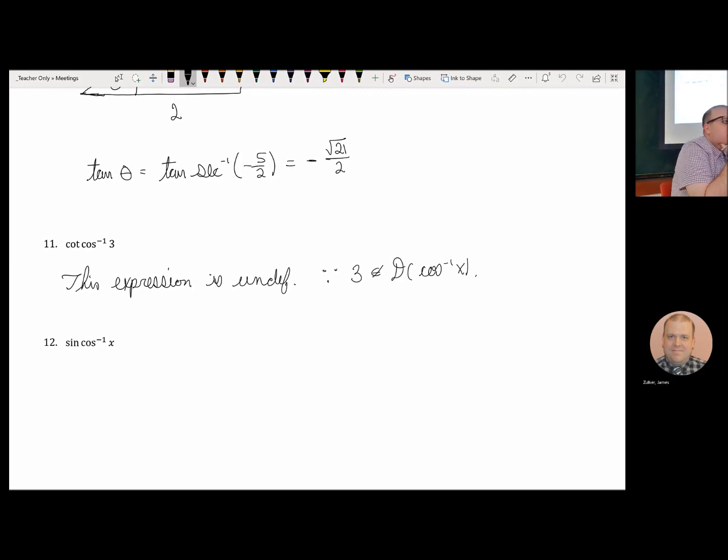From 0 to pi, is sine positive, negative, or both? Positive. That is important to note.